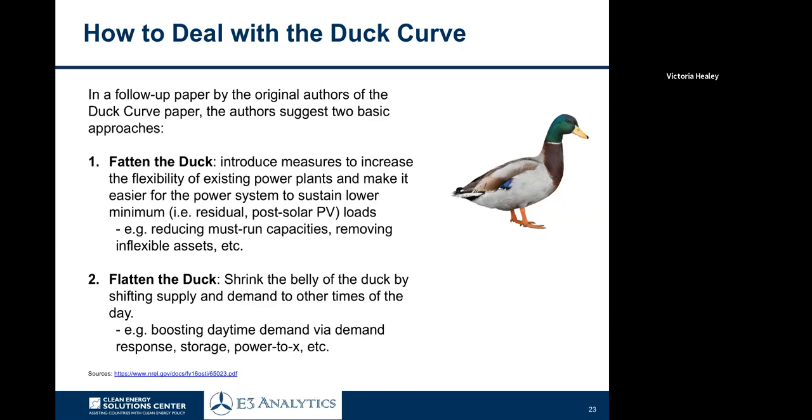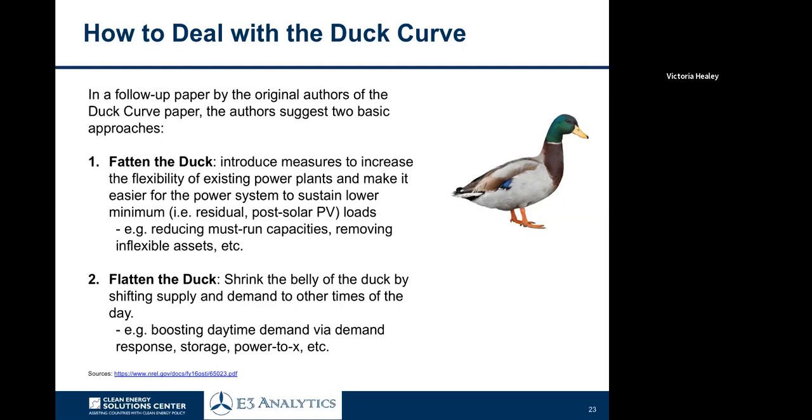On the one hand, fatten the duck, and flatten the duck. So fattening the duck is code for introducing measures to increase the flexibility of existing plants on the network and make it easier for them to ramp down. In other words, make the power system more flexible so that you can ramp down and the PV doesn't have as much of a disruptive effect on daytime power markets.